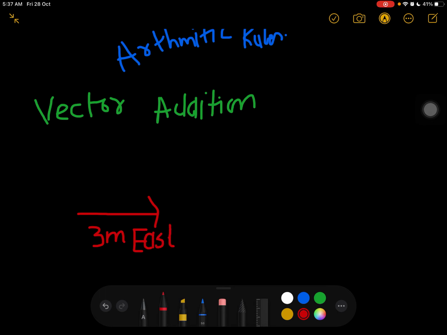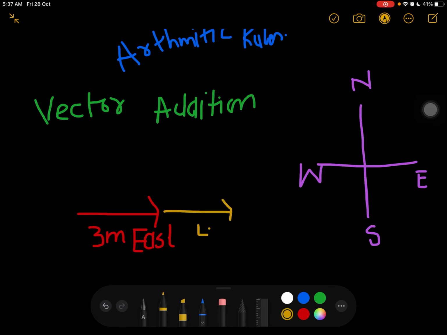I hope that you know these directions: north, south, east, west, right? So if a girl is moving 3 meter to west, and then she is moving again 4 meter to east, now how much displacement has she covered?